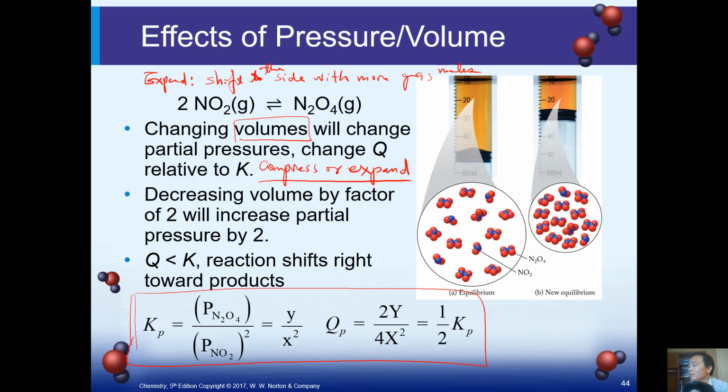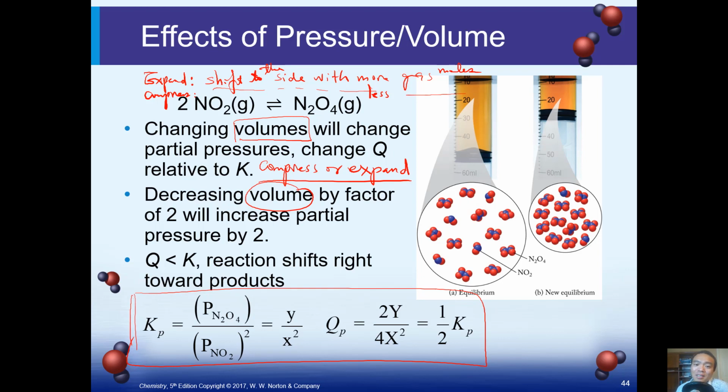What about compressing? Compressing would be the opposite. If you compress the container, the reaction will shift to the side with less gas moles. For example, if you decrease the volume, what do you mean decrease? That means compress.